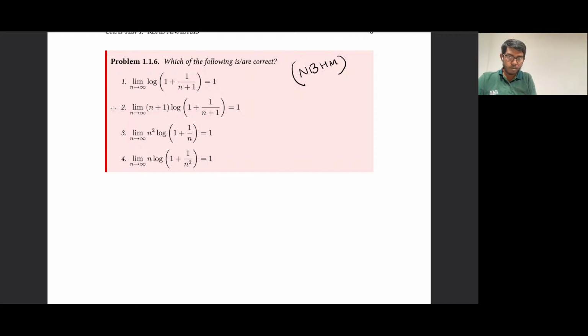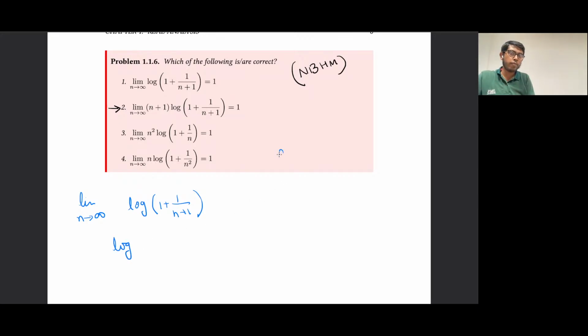Option 2. Yes, right. So let's see, this is very easy. Limit n tends to infinity of log of 1 plus 1 by n plus 1. Now log is a continuous function, and hence I can just interchange the limit and the function.